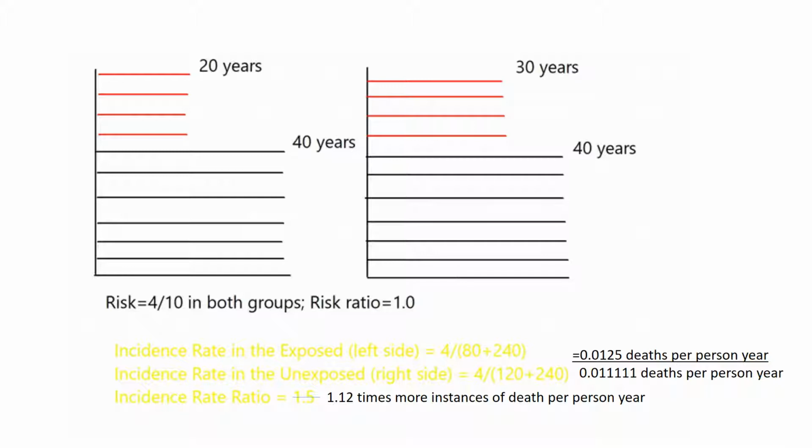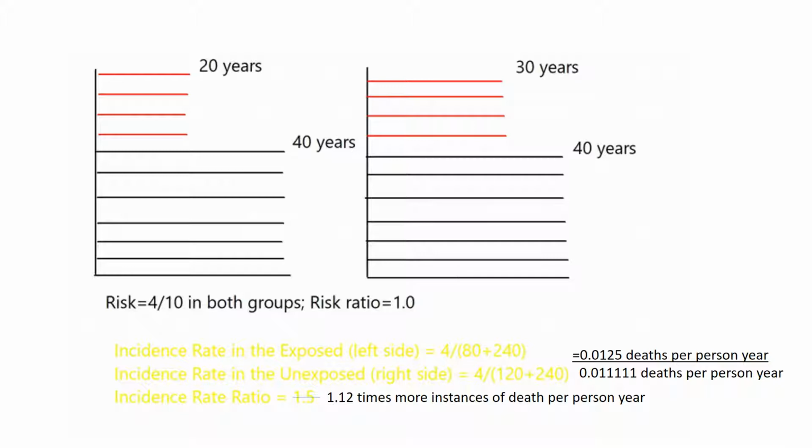So in the unexposed group, you have 4 people who died divided over the 120 years, that's 30 years each with 4 people who died, 120 person years that they contributed, plus the 240 person years contributed in total by the people who made it through the whole time frame.